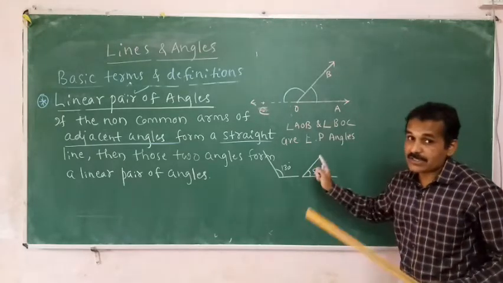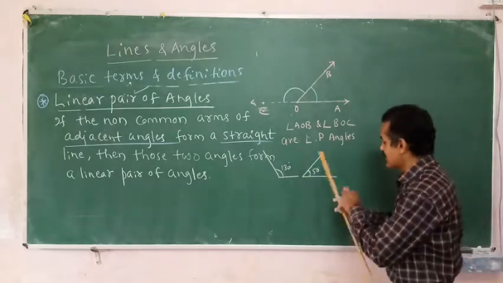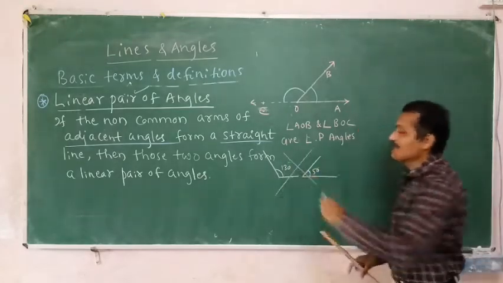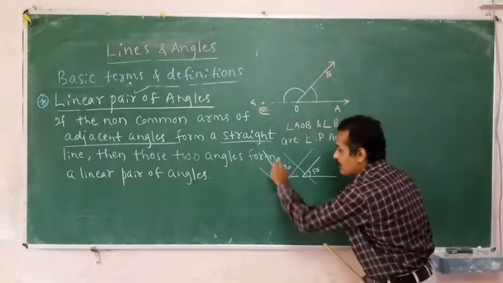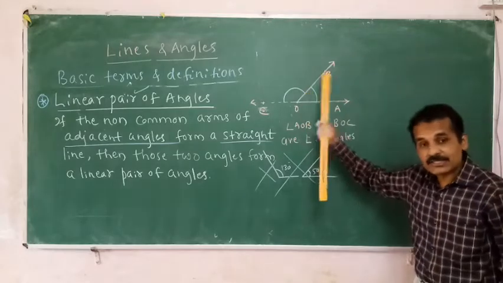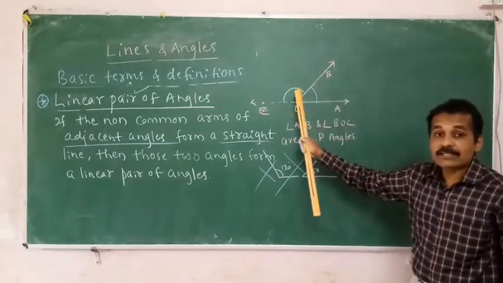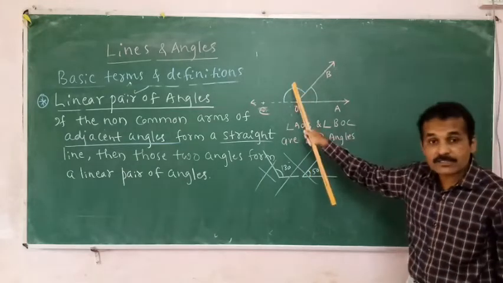So they are not adjacent. Their non-common arms are not straight. So this is not a linear pair of angles. This is not an example for adjacent, but the earlier one is an example for adjacent also, because the common arm is there. It is an example for a linear pair of angles also.